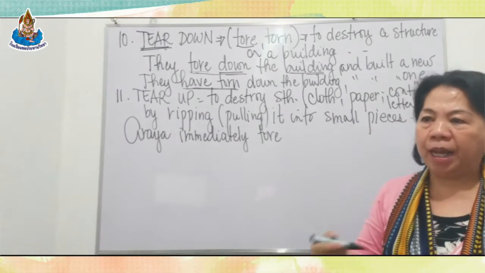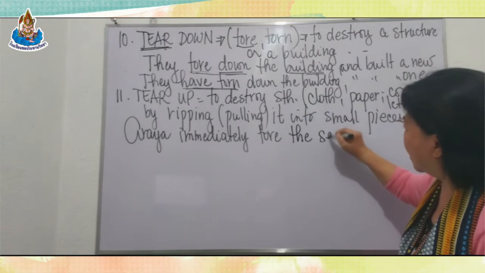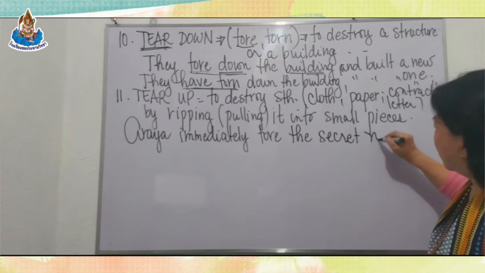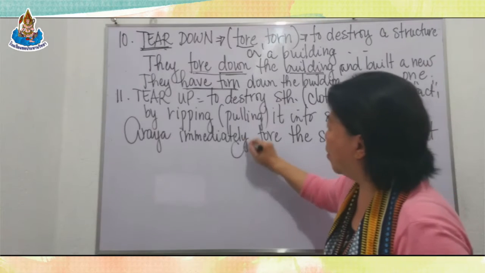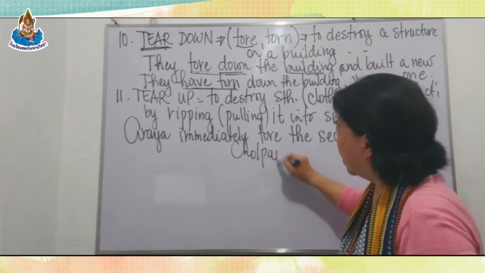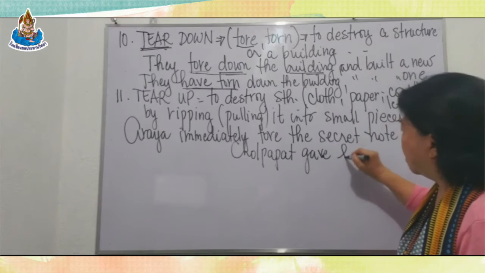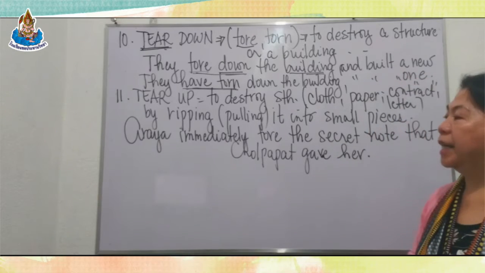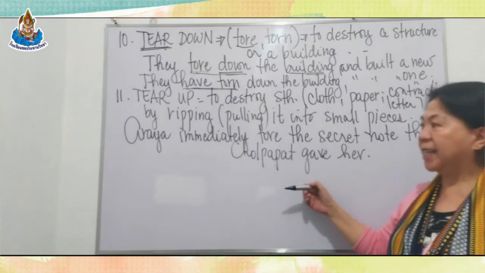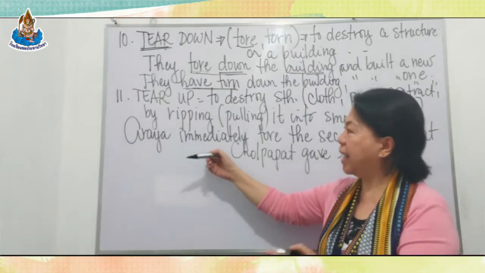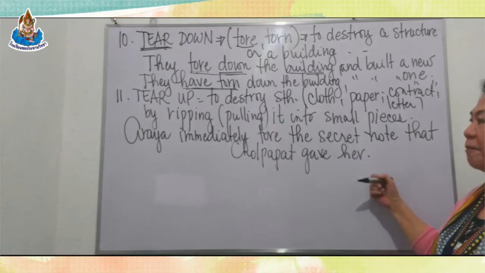Immediately tore up the secret note that Cholpapat gave her. So maybe before somebody will see it, she has to do something. So Araya immediately tore the secret note that Cholpapat gave her.